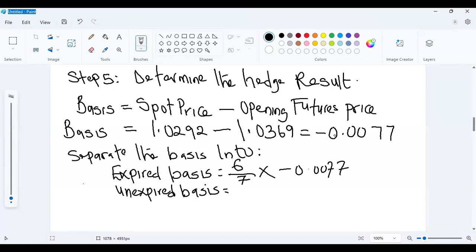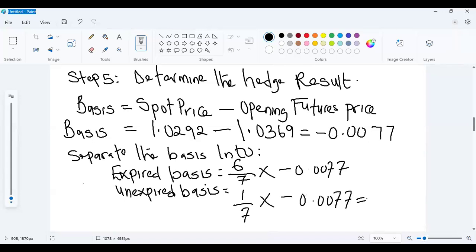After the transaction has happened, our contract at the futures market will still run for 1 month because it's for 7 months. Then 1/7 is the unexpired basis: 1/7 multiplied by negative 0.0077.